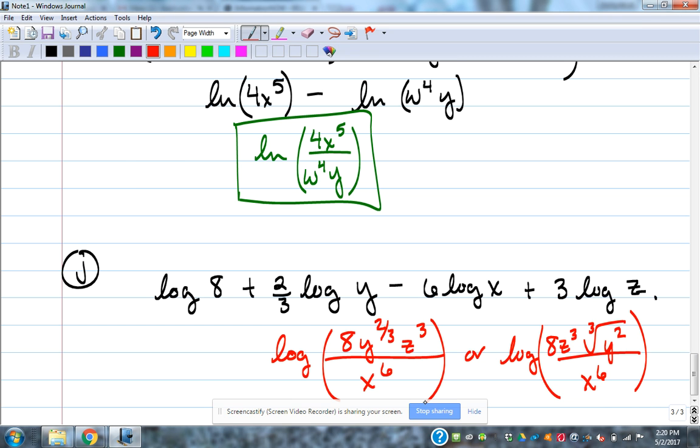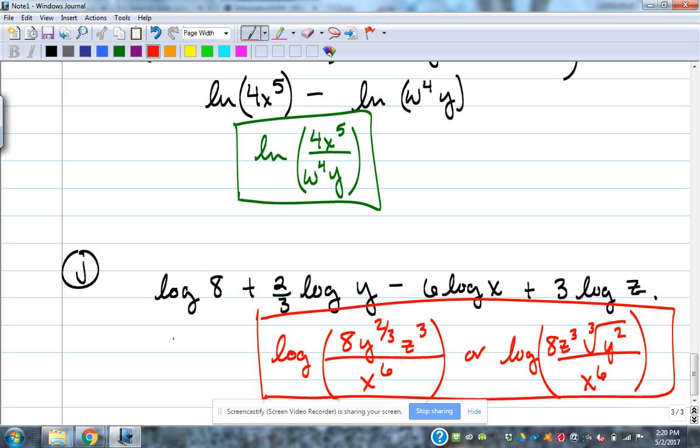Just understand that if on the test it happens to be multiple choice or something, it could be written either way. They're both correct. That the 2/3 power is the cubed root with a squared inside. That goes back to that chapter 6 material that we talked about back before the end of the course.